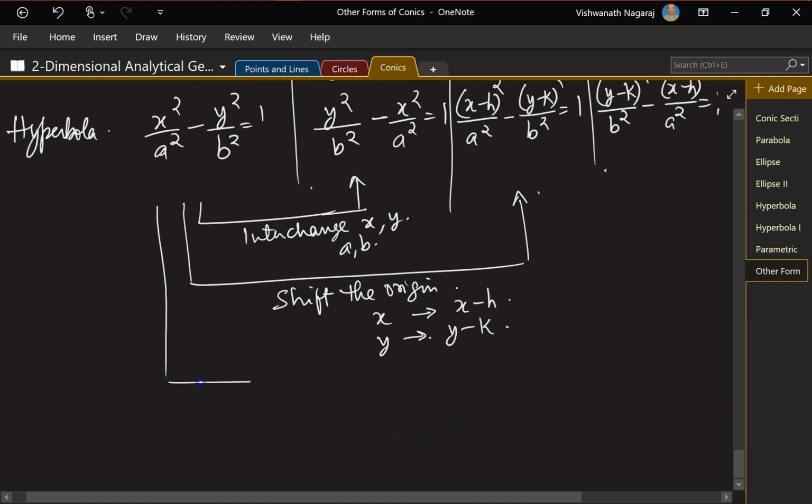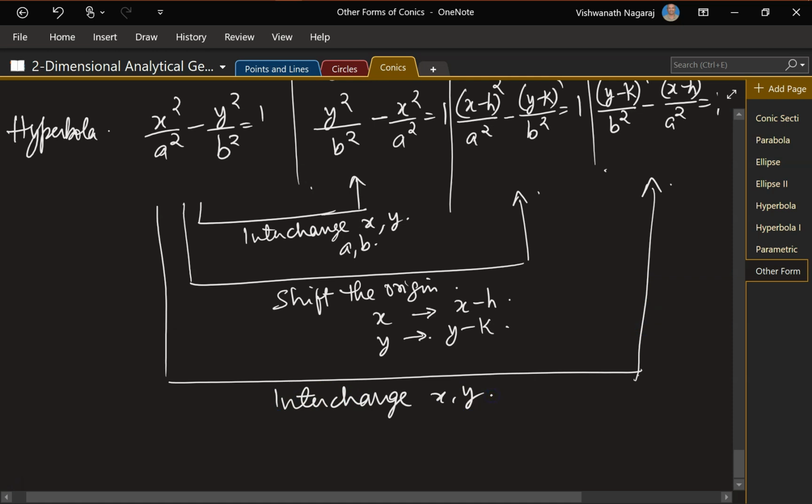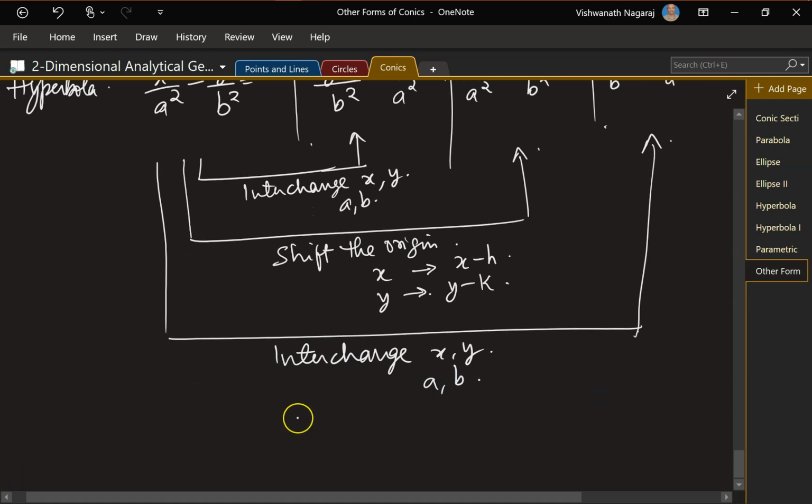If you want to go from here to here, then you interchange x and y, a and b, and then shift the origin so that x becomes x minus h and y becomes y minus k.